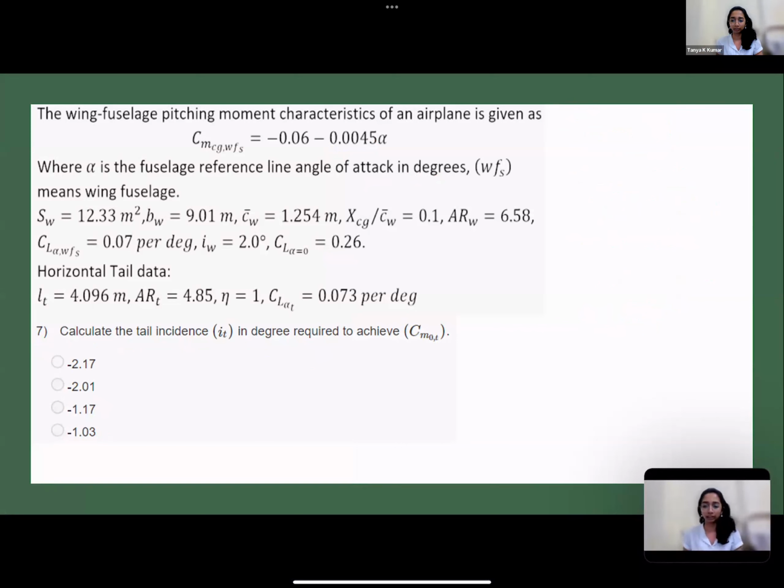How will you calculate this? Can someone tell me? Given the formula that we already know, how will we calculate this? What is the formula that we can use? You don't have to tell me the whole formula, just give me an idea. We're obviously going to use one of the values that we found out earlier.